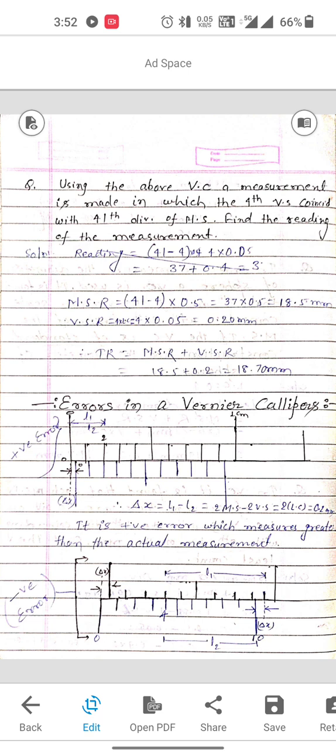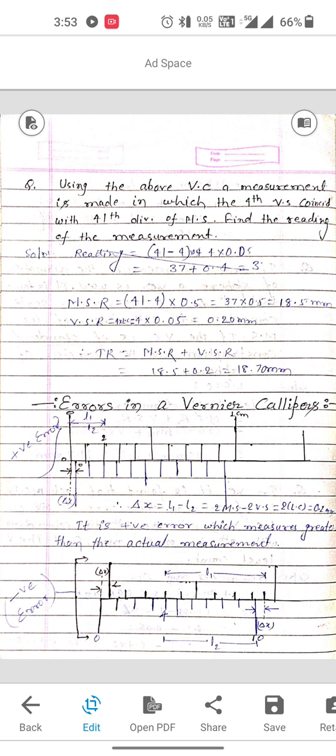If the least count is 0.1, the error is 0.2. It is the positive error, which measures greater than the actual value. It is the positive error shown here. Vernier scale is leading by delta x.